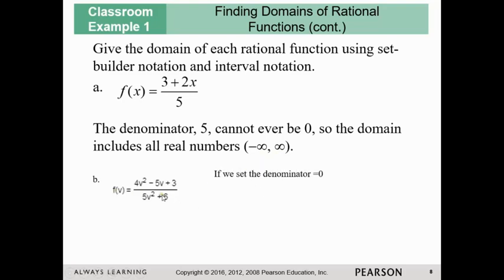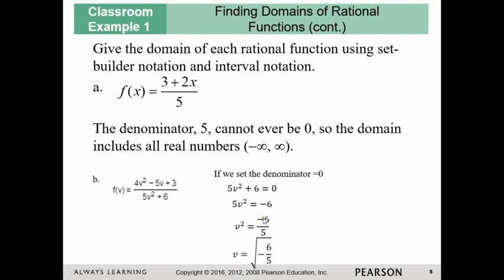Now, in B, this is an interesting case. Remember, to find the excluded value we set the denominator equal to 0. So in this case, 5v squared plus 6 equals 0: subtract 6, divide by 5. And if you remember from previous courses, the way to solve a squared equation is to take the square root of both sides.